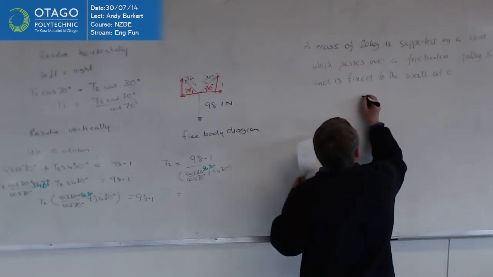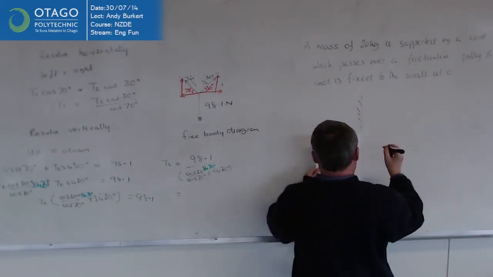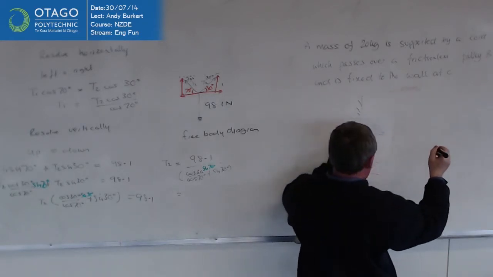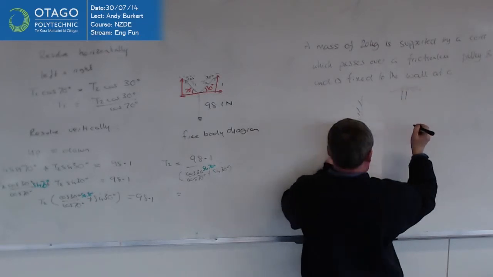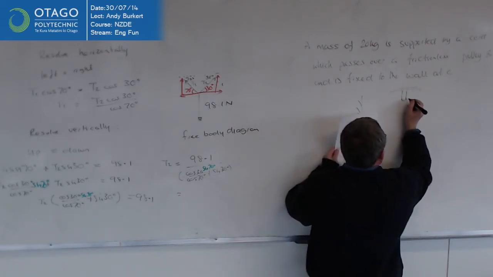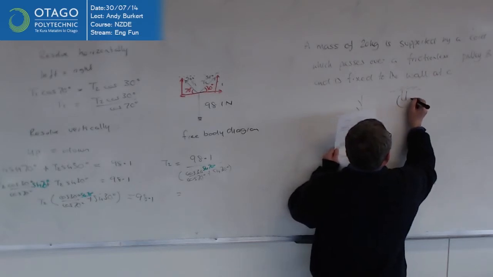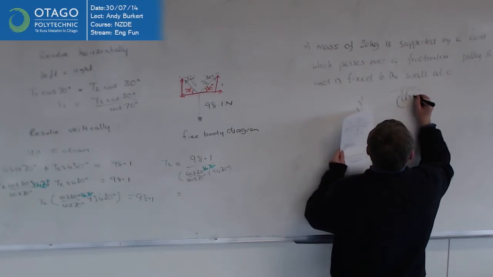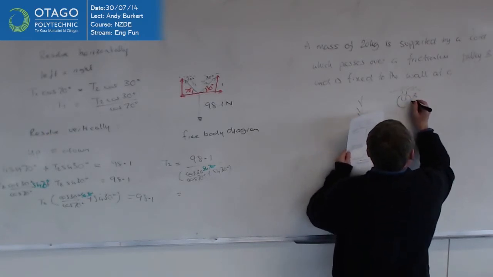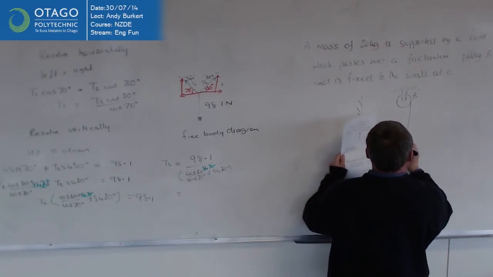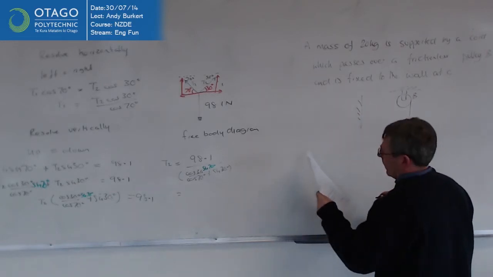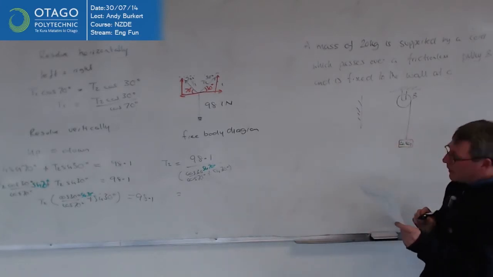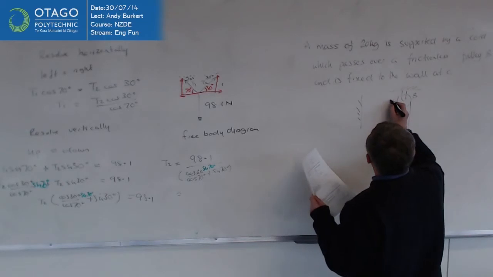So here's our diagram. We've got a wall, ceiling up here, there's our pulley, P, there's our 20 kilogram mass, and then we've got the pulley connecting it to the wall.